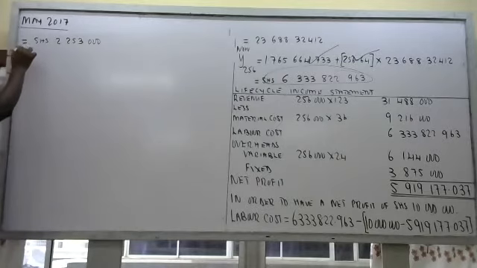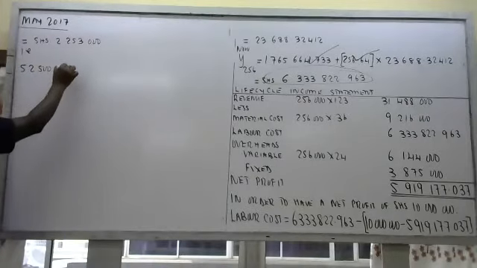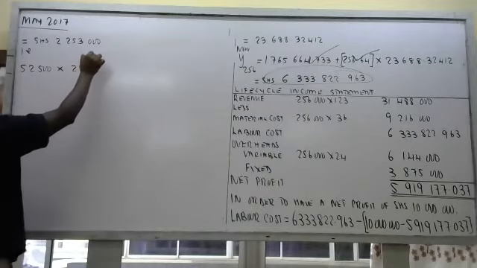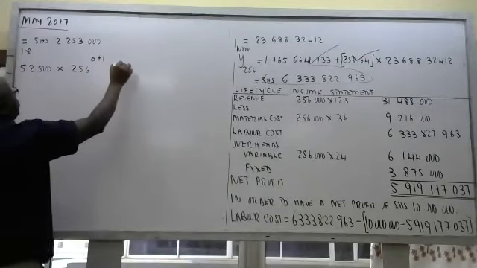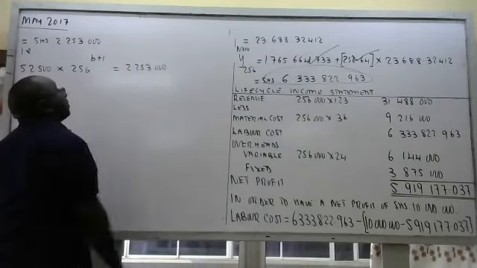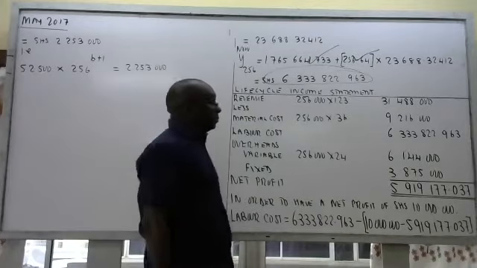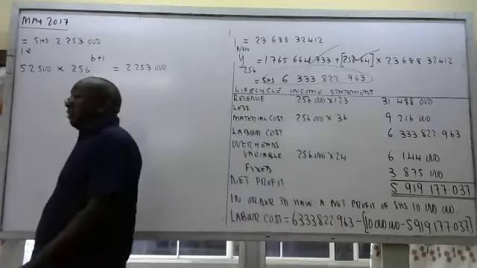That is, if you got a 52,500, you multiply now by 256 raised power b plus 1. It should give you 2,253,000. That is what it should give you.